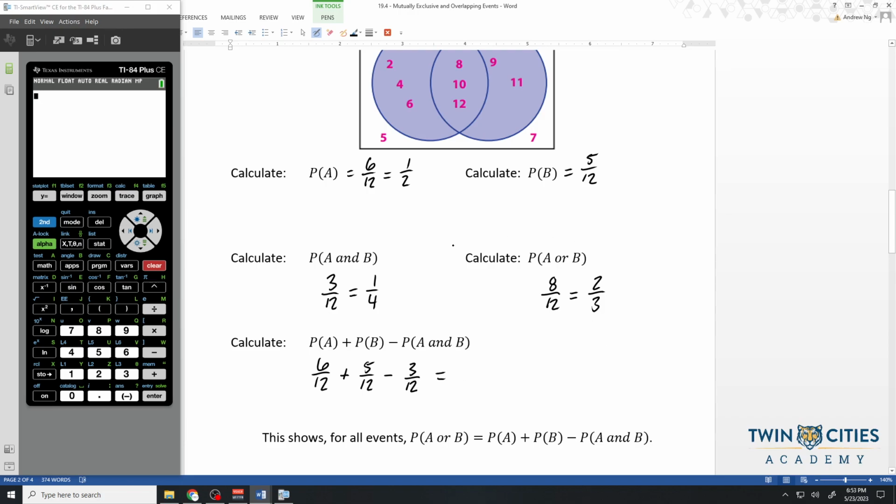This is equal to, let's see, 6 plus 5 is 11 minus 3 is 8. This is 8 over 12, which is going to reduce to 2/3.